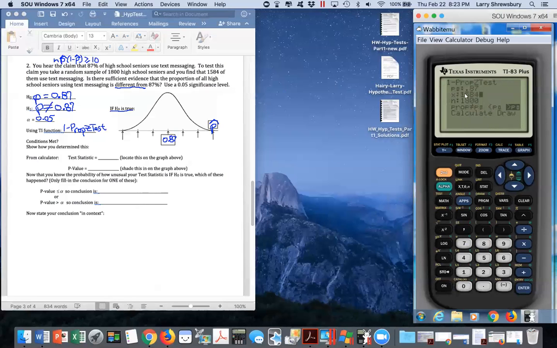So that's right, we had 1,584 out of the 1,800 in the category of interest. In other words, X divided by N is your sample proportion. Now let's go down here, and which inequality, the not equal, well, hopefully that one's obvious, highlight it. Now remember, you got to press enter to select it. Now highlight calculate, hit enter.